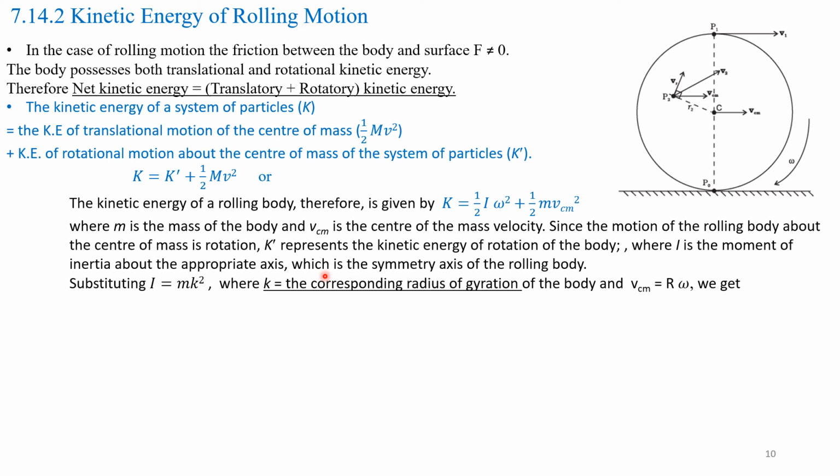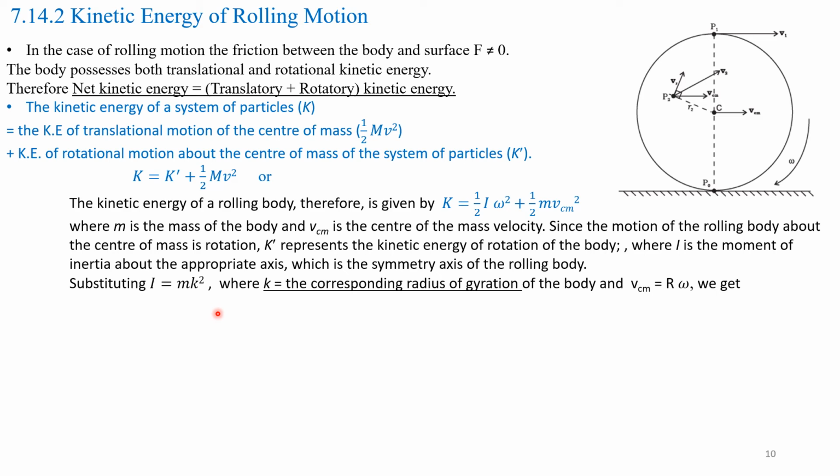Now, we have proved in the previous equation I is equal to mk square. Here k is the radius of gyration. We have also studied radius of gyration in section 7.9. The link for this is given in the description part. Please click and revise that.